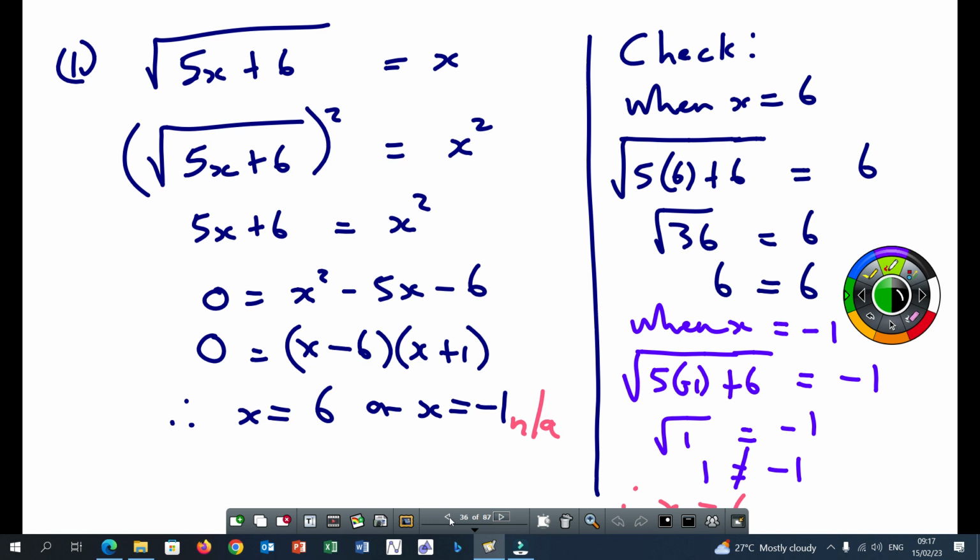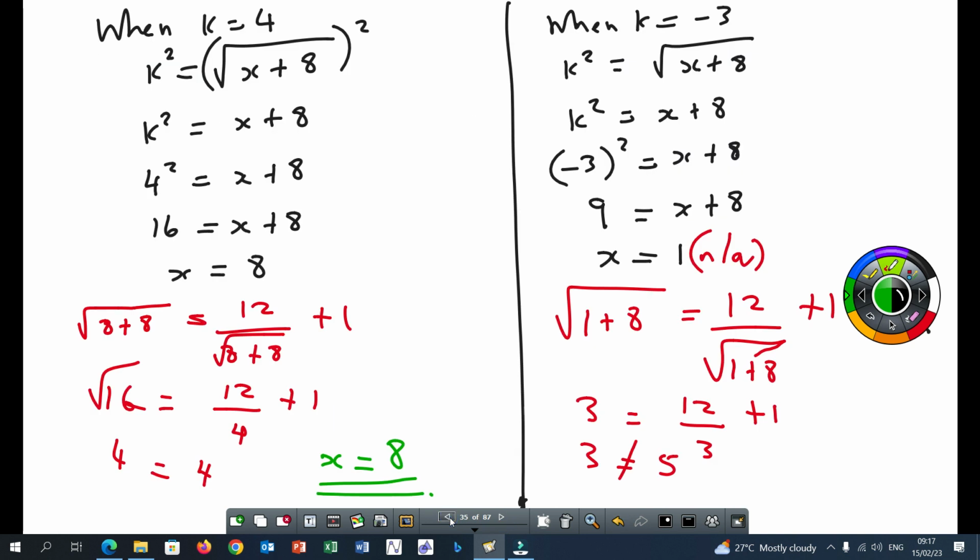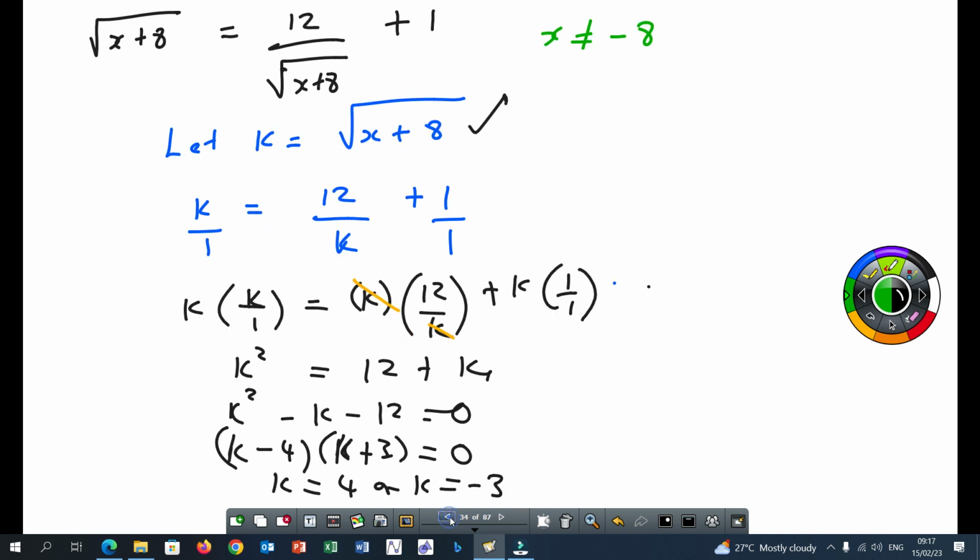You might have to specify. But fortunately for this question here, our x has to be a positive 8. But specifying it is important. I think I forgot to do it. Please make sure you check whenever you've got a denominator which has got a variable, always write a restriction.